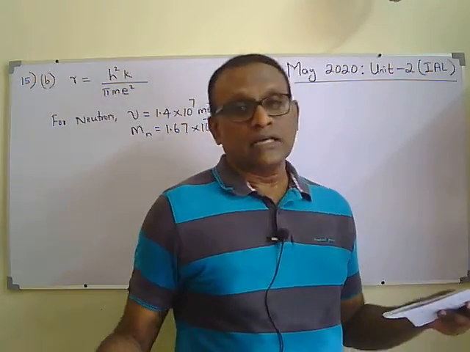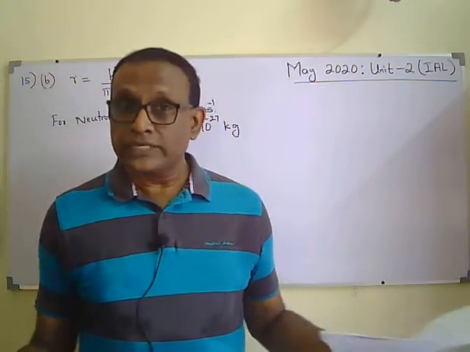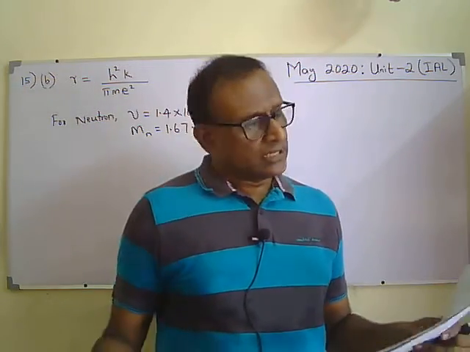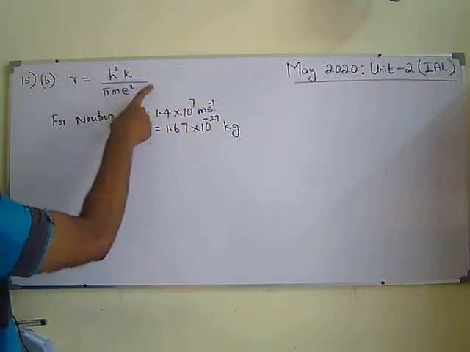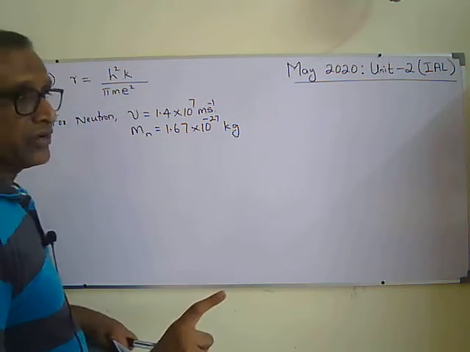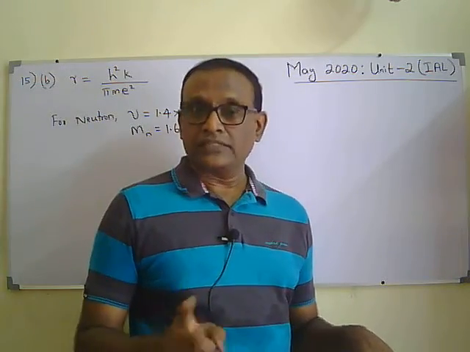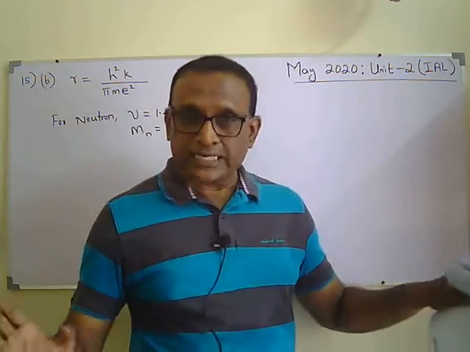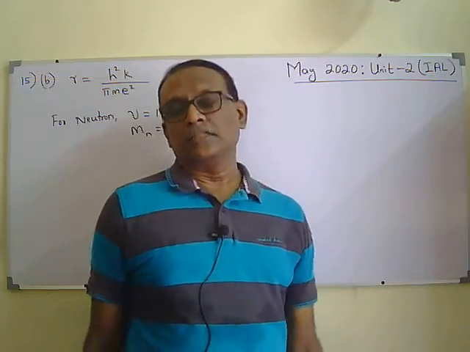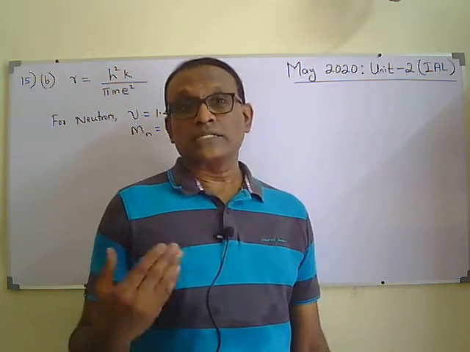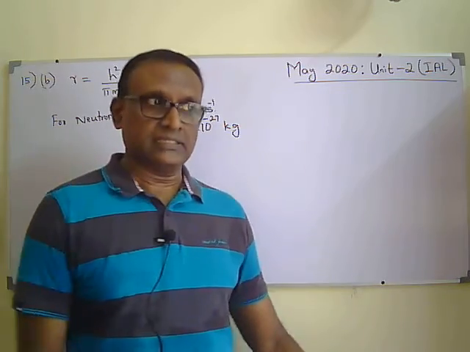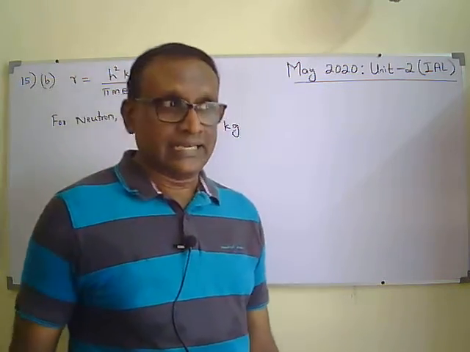The question is, determine whether the student's statement is correct. You need to find the radius using this equation, and find the de Broglie wavelength for the neutron separately, and compare both values. If they are the same, the student's statement is correct. If they are different, the statement is incorrect.